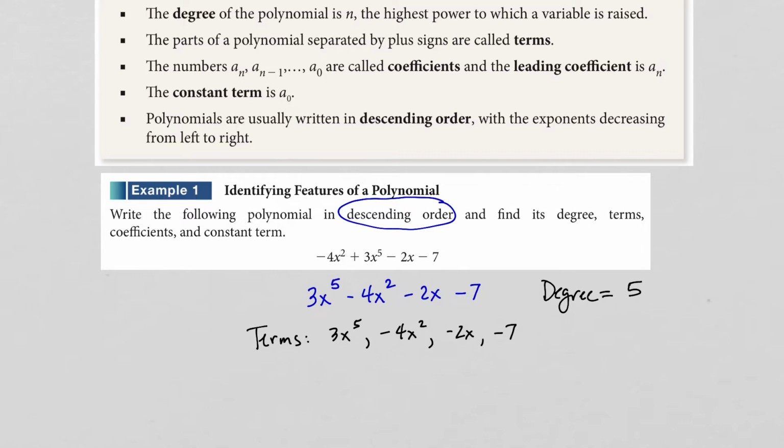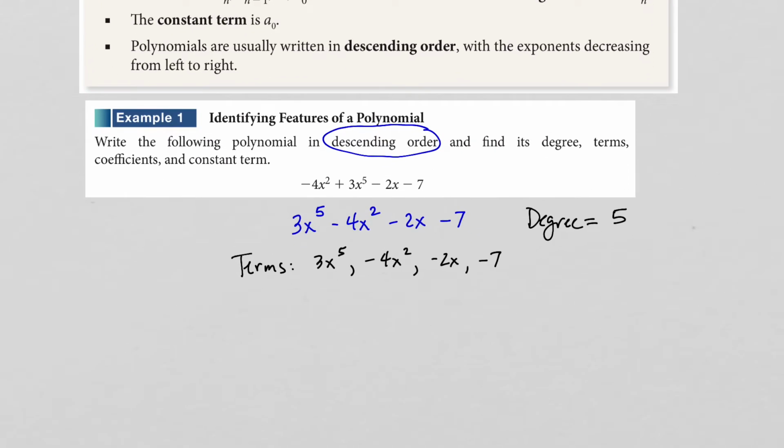The coefficients are the numbers in front of the variables. And so you'll see we have a coefficient here of 3, a coefficient here of negative 4, coefficient here of negative 2, and then negative 7 is not called a coefficient. We call that the constant term.